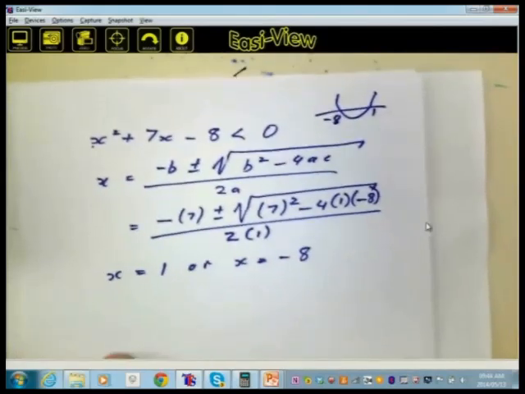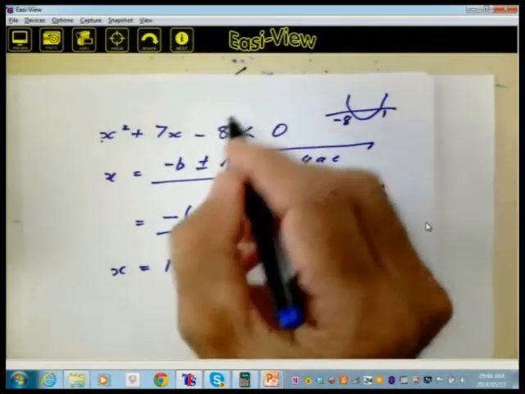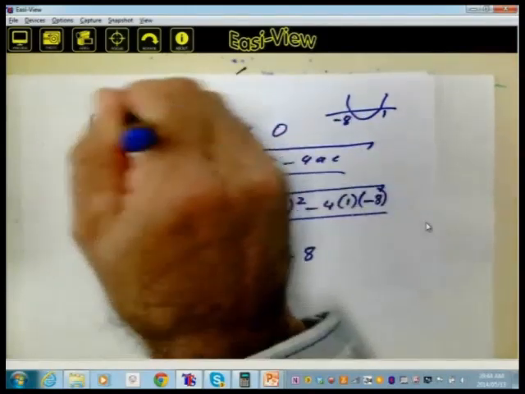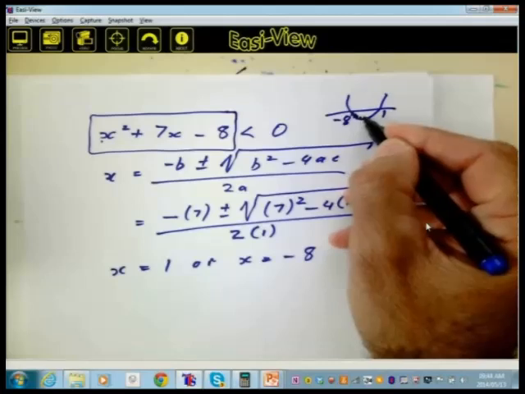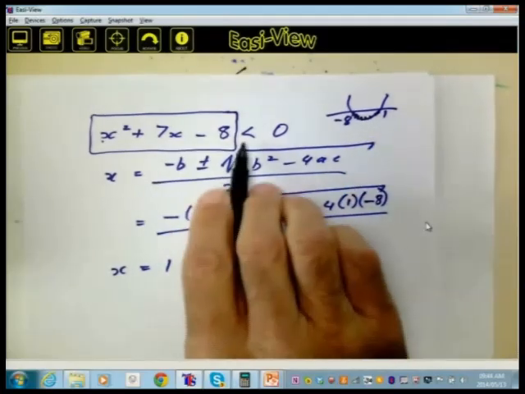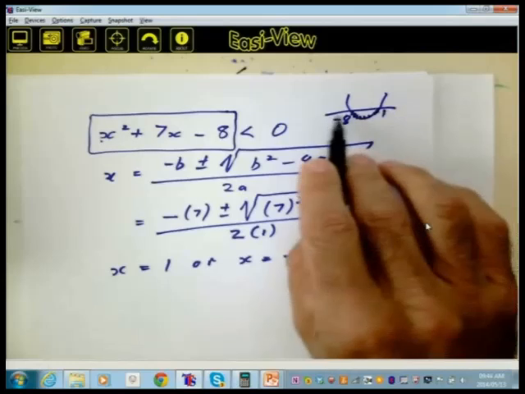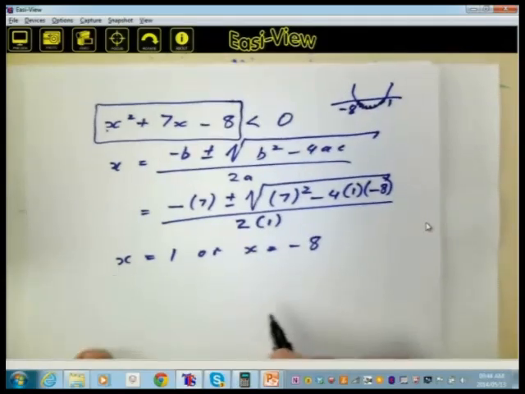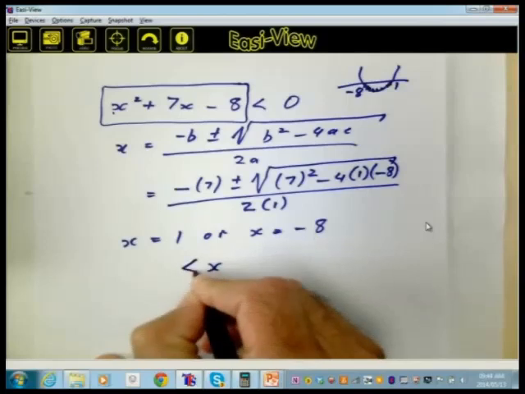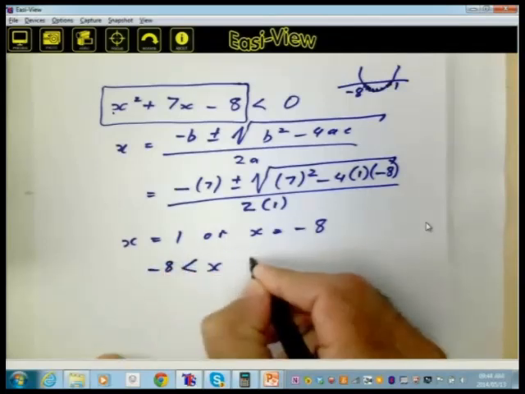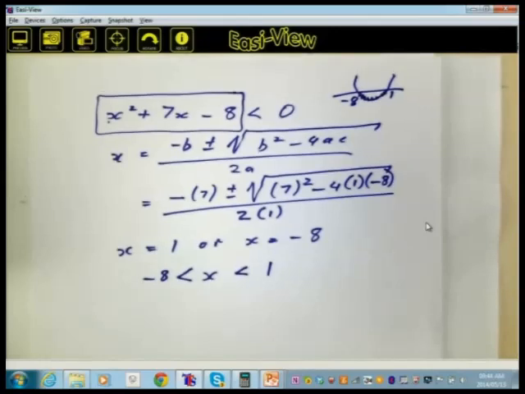Can you see that there? 1 and minus 8. Where will this whole box, the yellow box, be less than 0? It is this whole area here. It's less than 0 between minus 8 and 1, where the x values are there. So our answer will be that x must be greater than minus 8, less than 1. And you will get full marks for that one there.